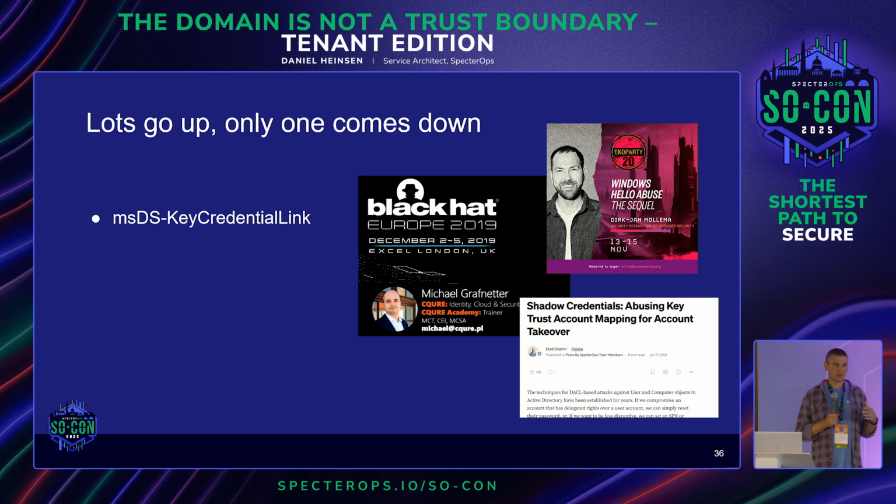And if you're not familiar with this property, essentially it's a public key that gets written to your user, such that if you have the private key, you can authenticate as that user on premises. So it's supposed to be like a PKINIT primitive for a variant of Windows Hello for Business, right? So in theory, if you could generate a key pair and write the public key to this property, you can authenticate as that user on premises, right?